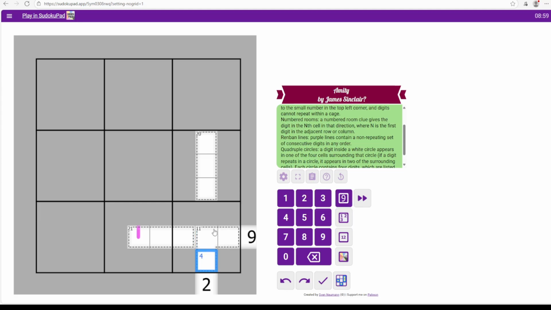Could this be a 4? Places 2 there. Got 7 left here. And it can't be 4, 3. It could be 2 there, but a 2 here forces a 9 here.